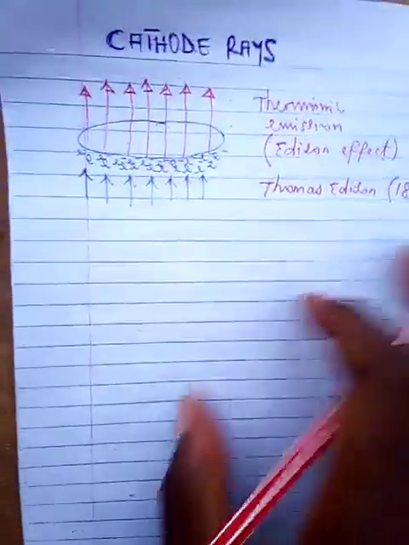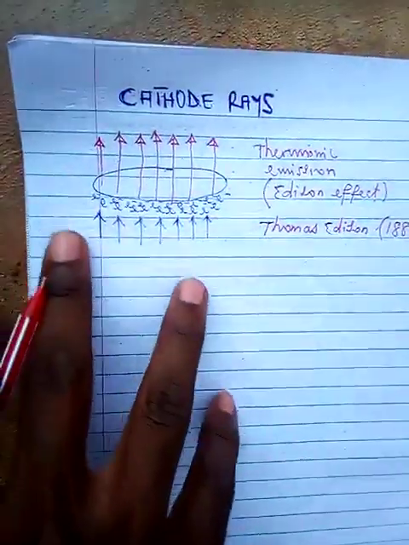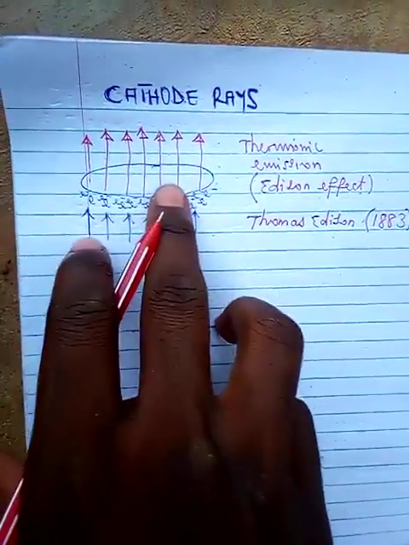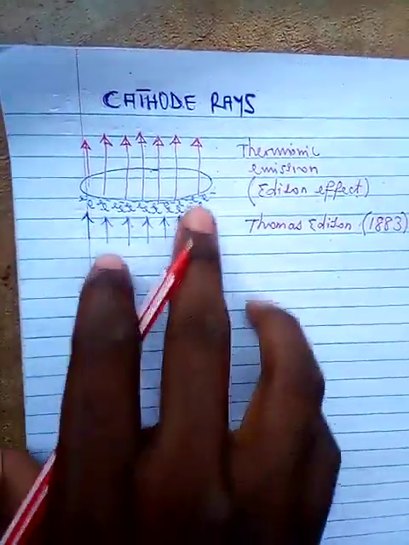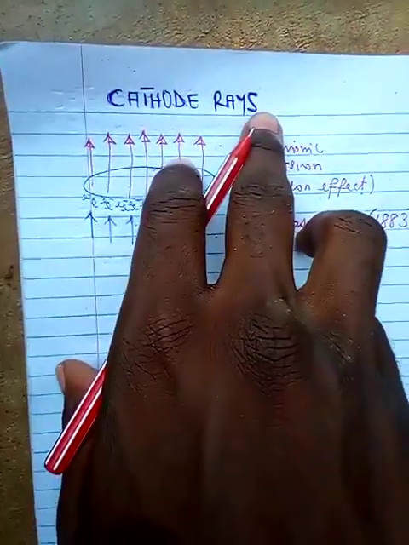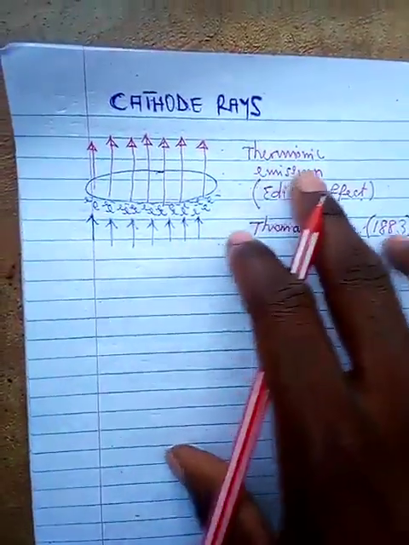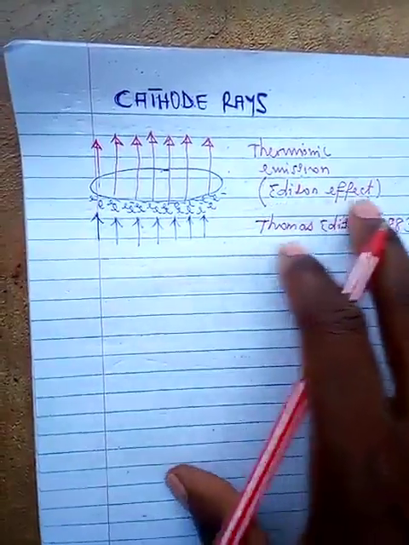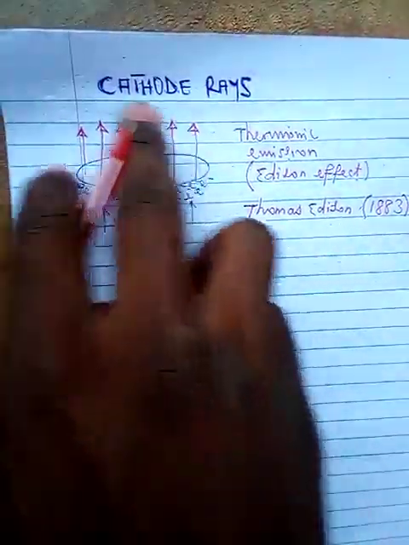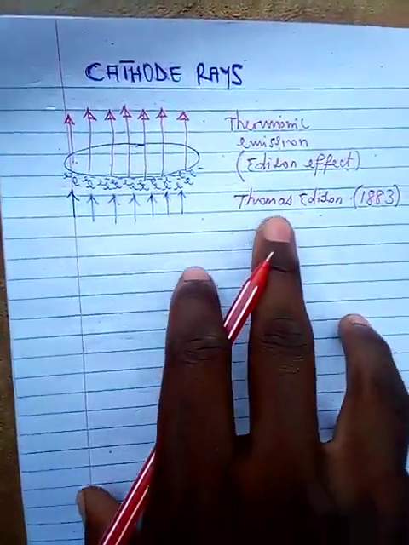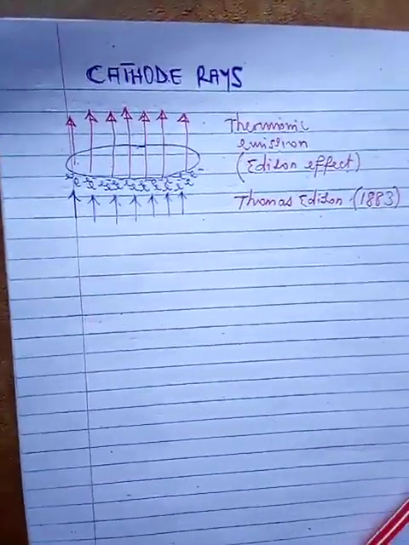In 1883, Thomas Edison was the one who observed this phenomenon. So these cathode rays are released from a heated metal surface by a process referred to as thermionic emission, or the Edison effect. Why Edison? Because the person who observed all of this was Thomas Edison.